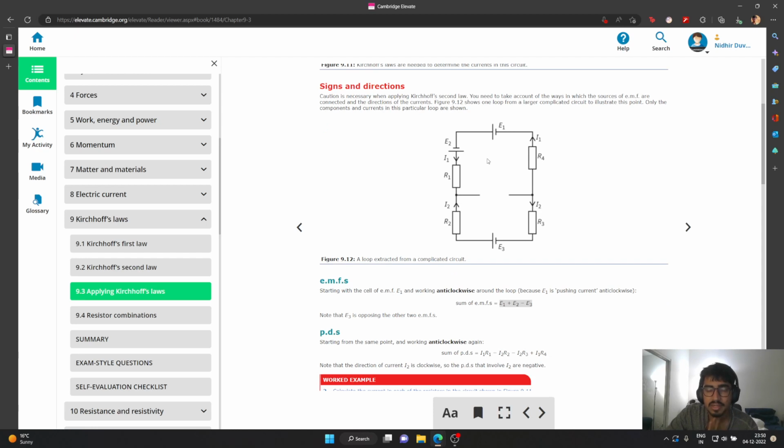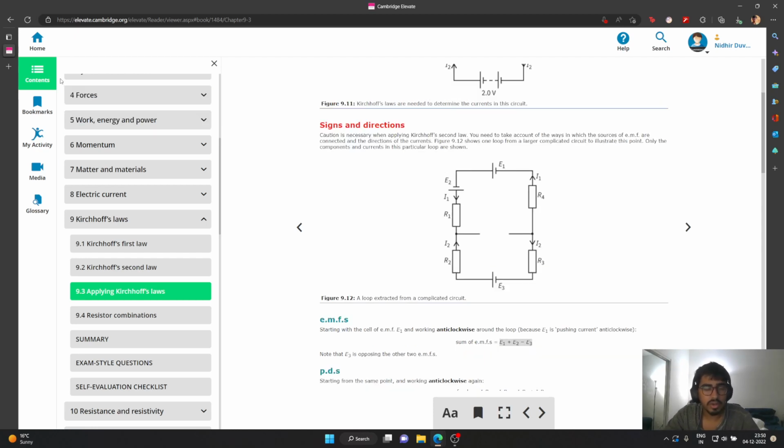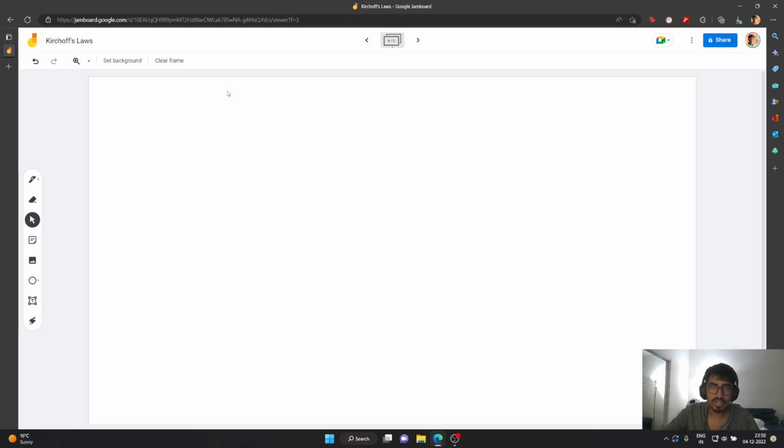So let's try to review some theory here, right? We discussed last chapter that if there is a current I flowing through a resistor, then you lose energy. That's what the voltage difference IR was.